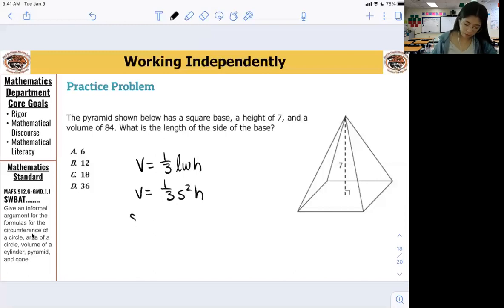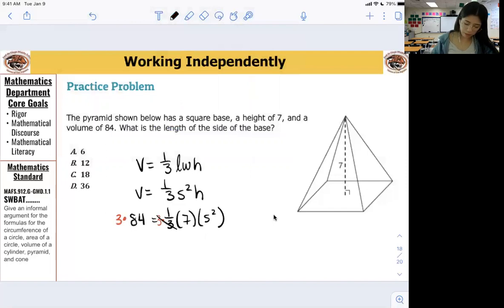So 84 equals 1/3. I know that the height is 7. And from there, I can basically try and solve this. There's a couple of ways to do it. I don't like my fraction here, so I can just multiply both sides by 3. That cancels it out. 84 times 3, what does that give me?